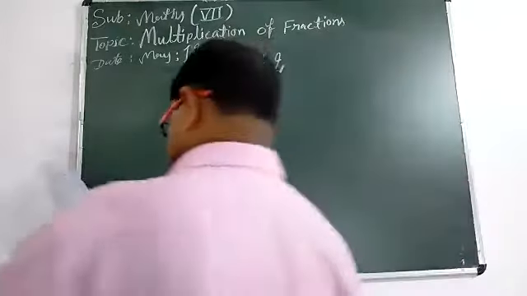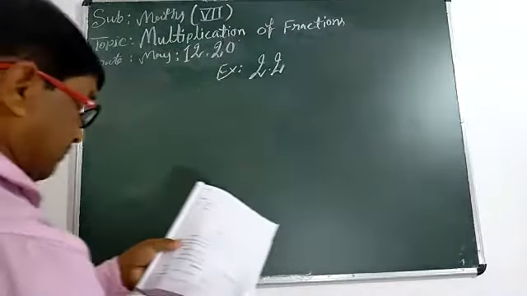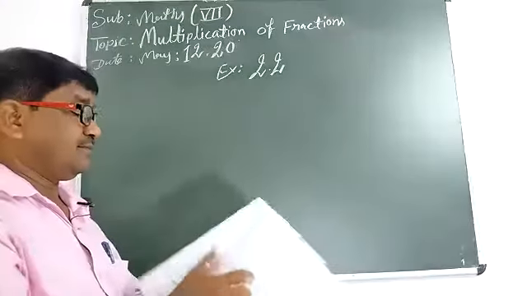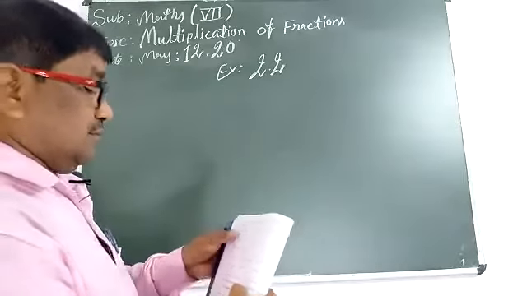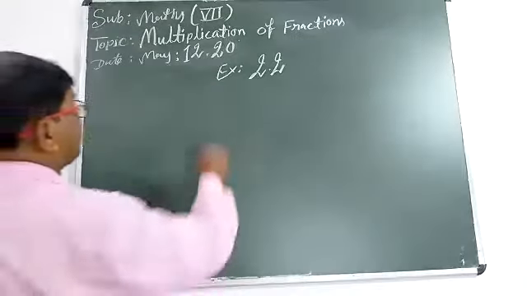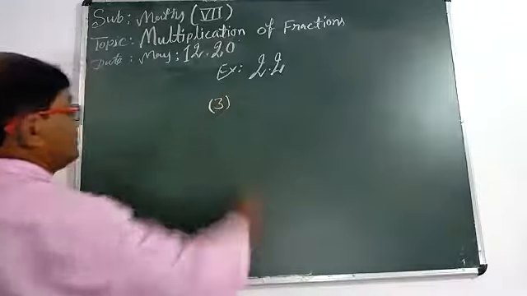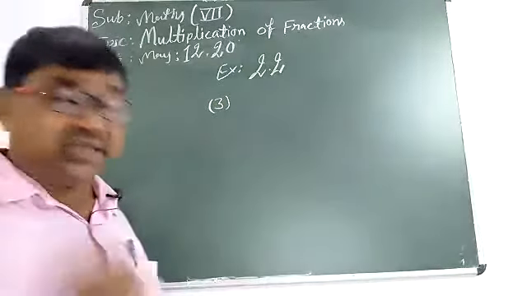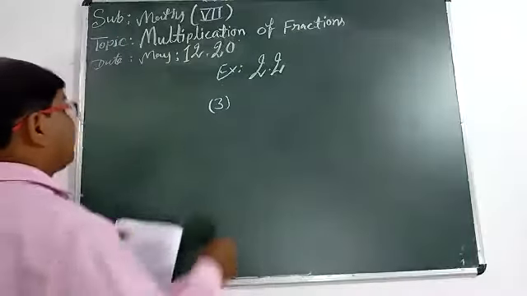Now, students, second type of sum. Same. Find the product. Okay. Third type of sum here. First and second, they are similar. Third type of sum in this exercise, simplify.